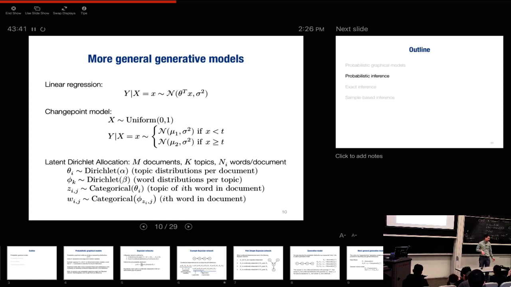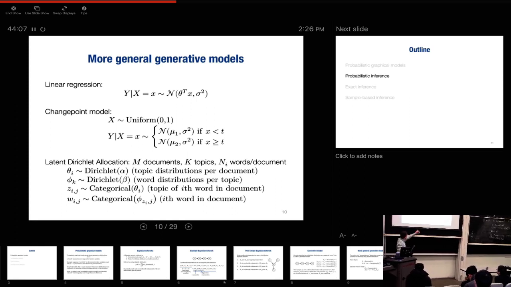Here I'm really just highlighting the fact that these things can get pretty complex quickly, but you can create very rich generative distributions that describe how your data is being created. Oh yeah, just to make sure I'm not missing something, in the last line, should that J be ZIJ? Oh yeah, I guess it should be with the Z here.